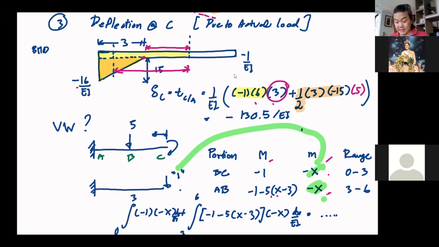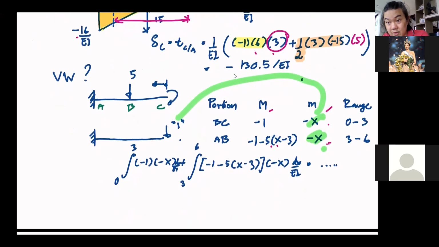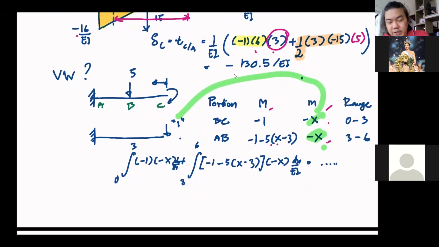And then I realized, wow, actually it's a moment area. But in fairness, I try to also do it with the virtual work. So if you wish to carry it out, you can do so. We already have the equations, okay?